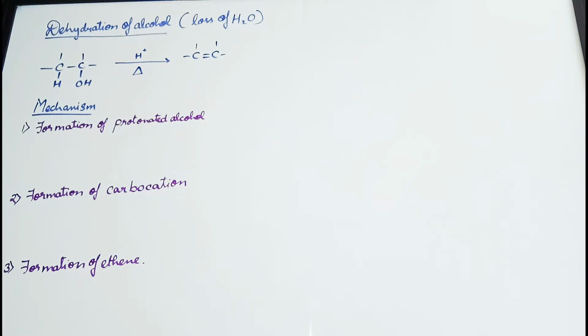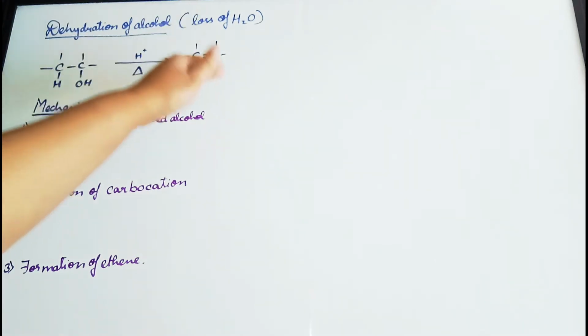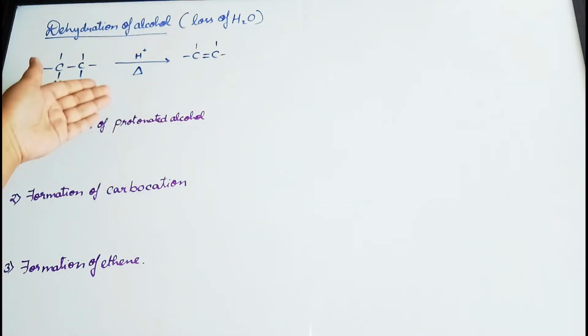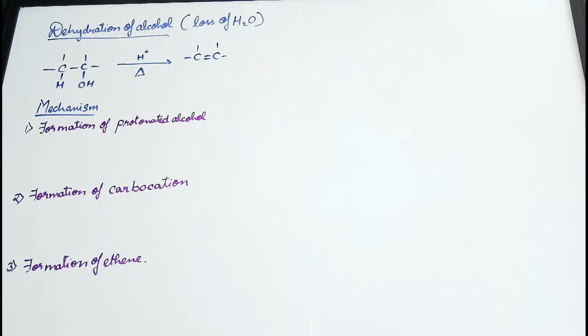That was the synthesis, but this is the chemical property. So here you have an alcohol, it's reacting in the presence of acid, and on heating leads to the formation of an alkene. Previously it was alkene reacting with water in the presence of acid to give us an alcohol. It's the opposite, right?